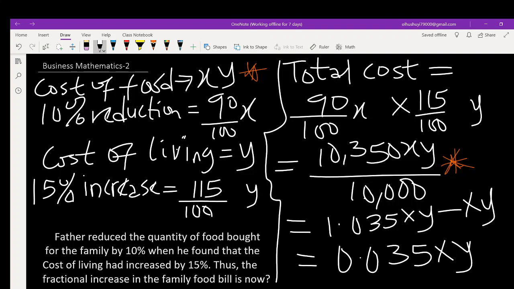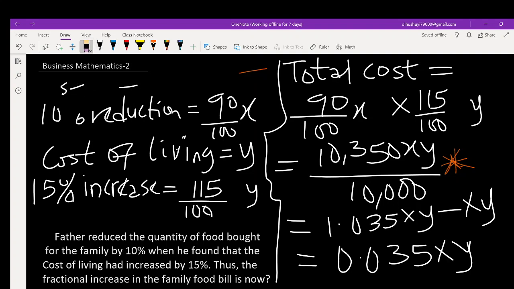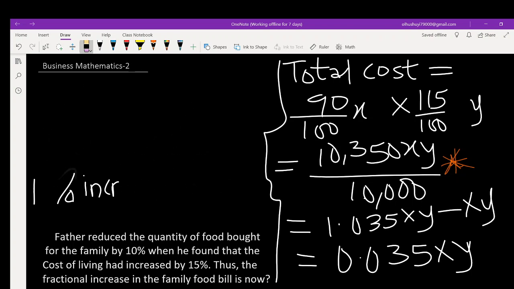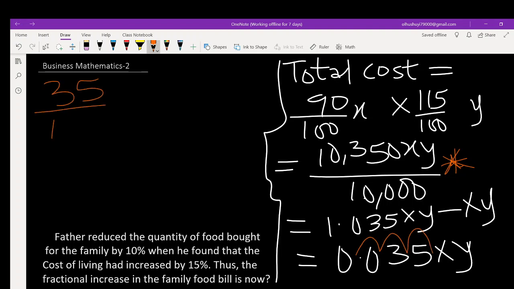So express it in ratio, in the meaning of the fractional increase. Let me wipe this place. What do we have? That is 35 over 1000.